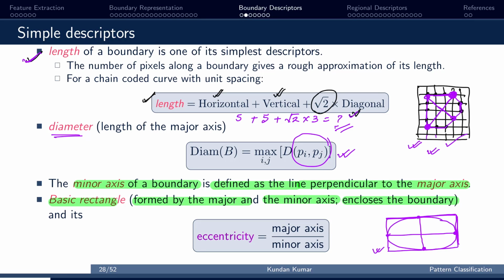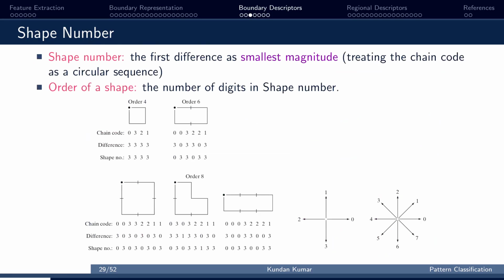Okay, so this is called the basic rectangle, and we can compute the eccentricity, which is the ratio of the major axis divided by the minor axis. Okay, so we can have another boundary descriptor, the shape number.